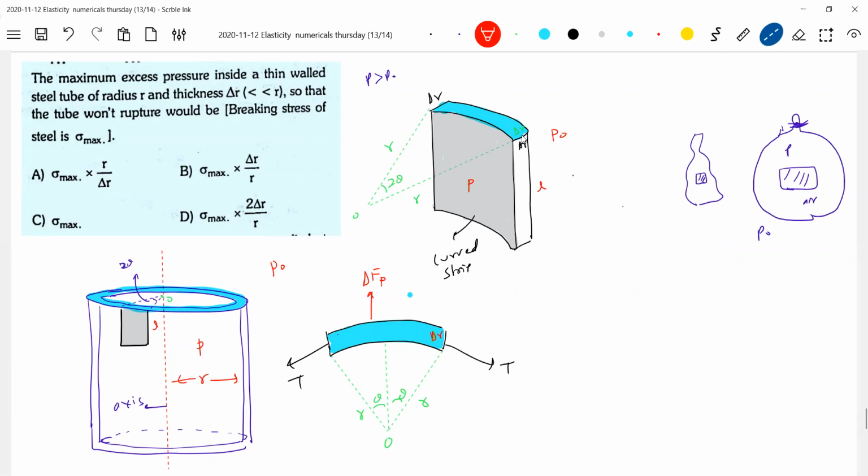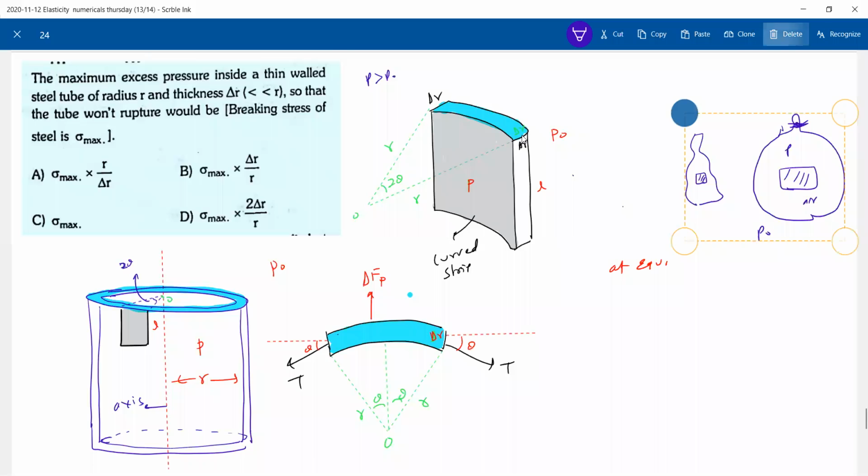So shall we take the same method? I think you have come across this several times, the equation at equilibrium.